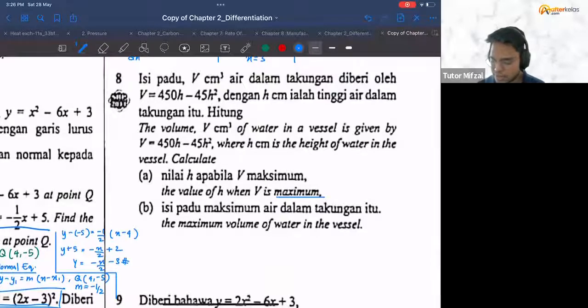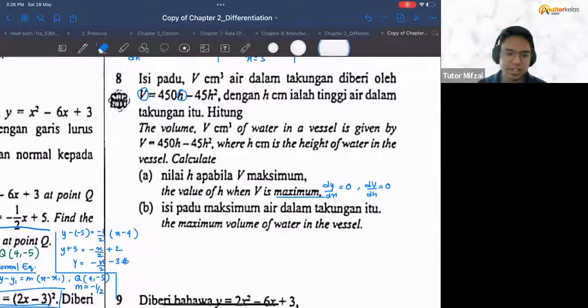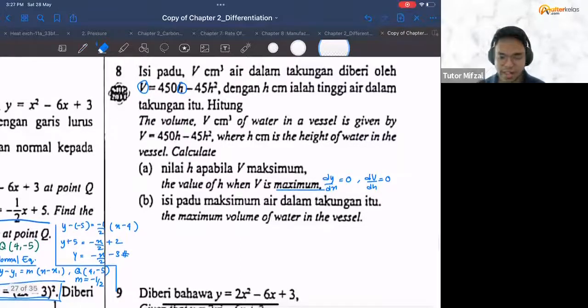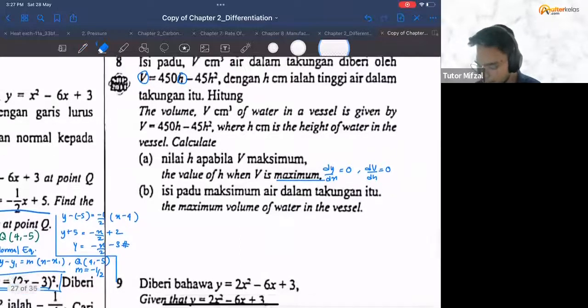So again, maximum refers to dy over dx equivalent to 0. But in this case, it would be dv over dh. Change in volume with respect to height. dv over dh equivalent to 0. So our first step is to actually differentiate the equation and make it equivalent to 0 and find the value of h. That is for the A.